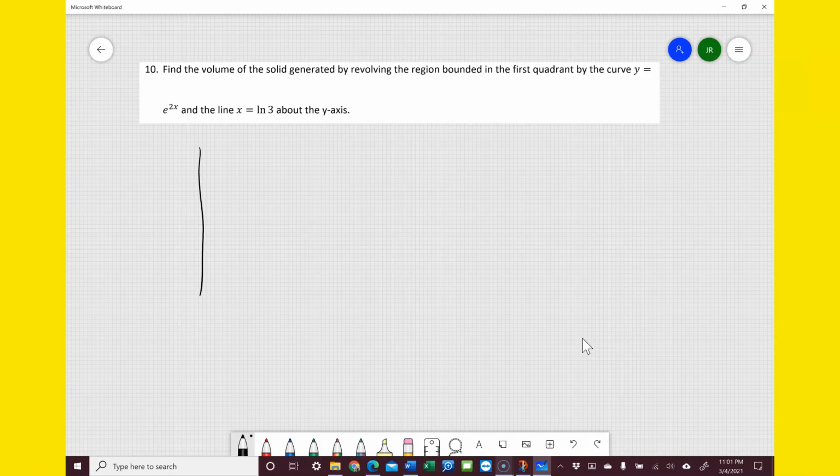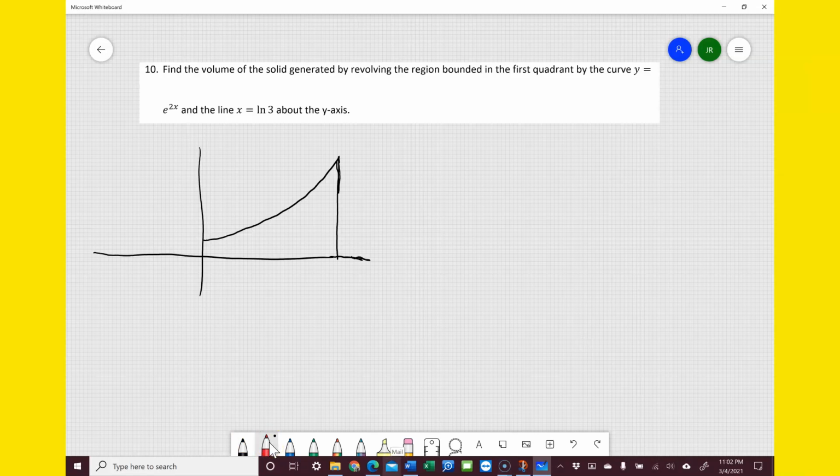Okay, let me draw that for you. e to the 2x in the first quadrant would look something like that. And ln 3 is just going to be a vertical line crossing the x-axis at ln 3. And we are revolving this thing about the y-axis.